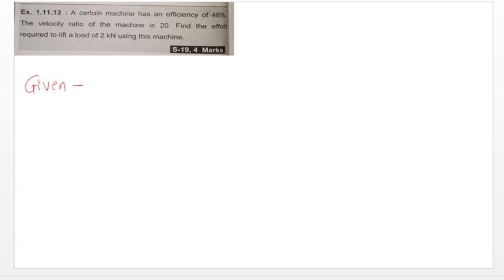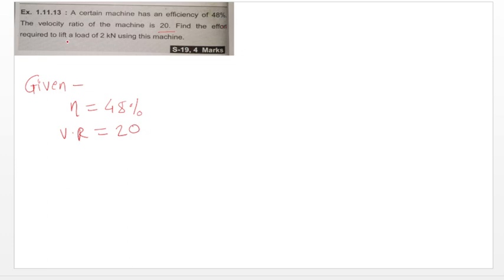See, a certain machine has an efficiency of 48. Means efficiency given is 48. Next, the velocity ratio of the machine is given. It is again 20. Velocity ratio is equal to 20. Velocity ratio has no unit.